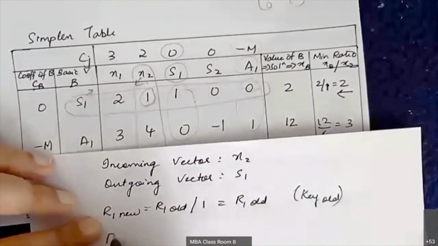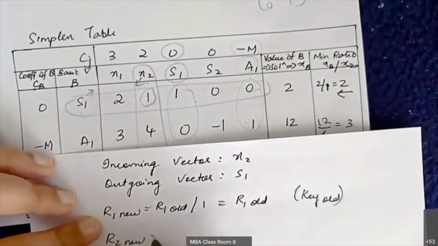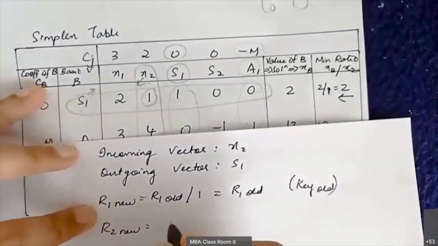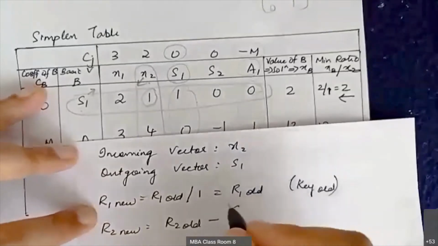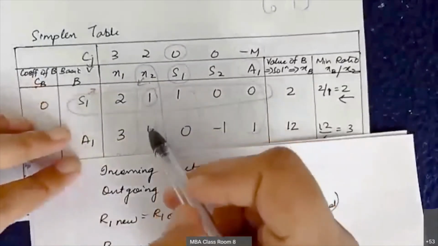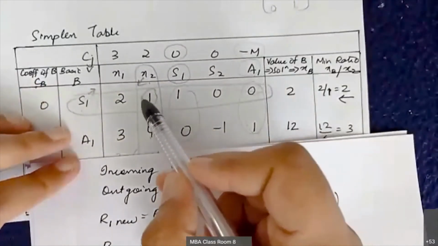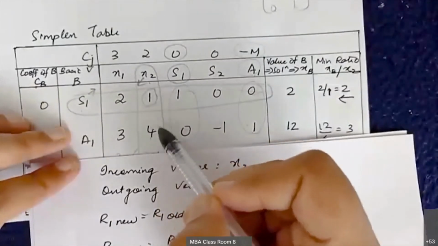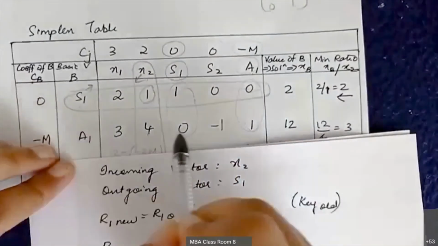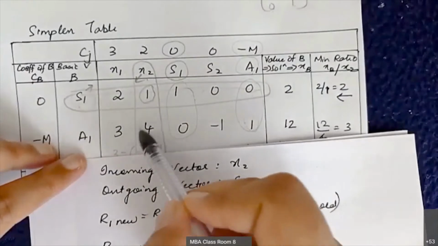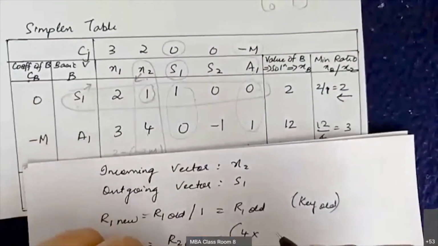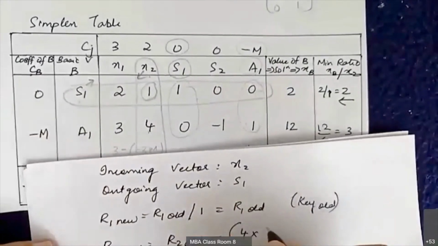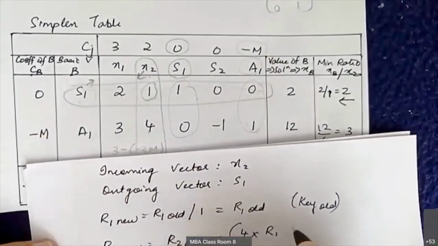So we'll go to R2. R2 new is equal to R2 old minus the number above or below the key element. 1 is our key element, and the number corresponding to the second row is 4. So minus 4 into the value of R1 new, which is also called key new.